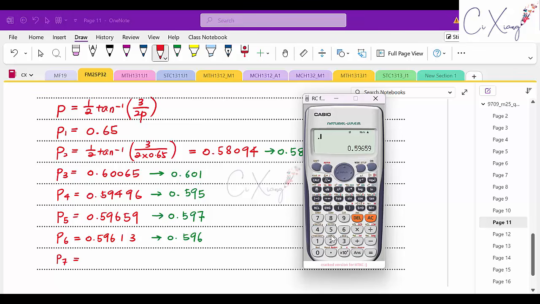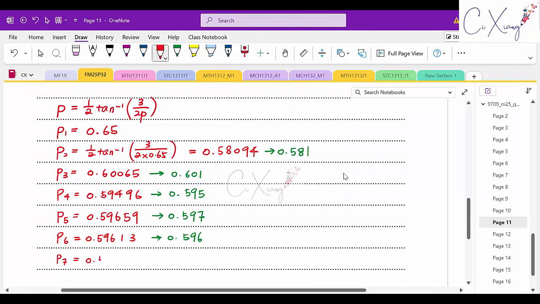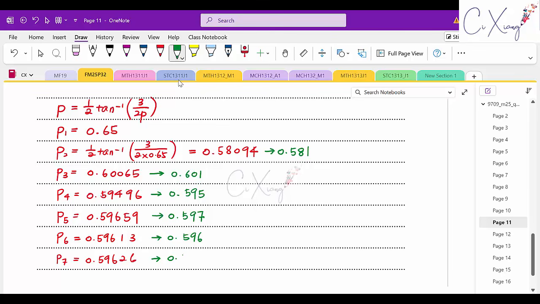Calculate 0.59613 equal sign, 0.59626. So 0.59626. This one, 3 decimal places answer is 0.596. Oh, so you can see that the 3 decimal places answer has been repeated here.